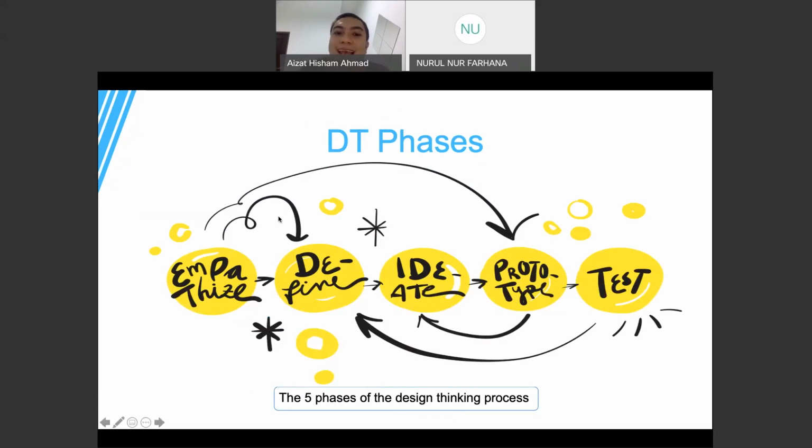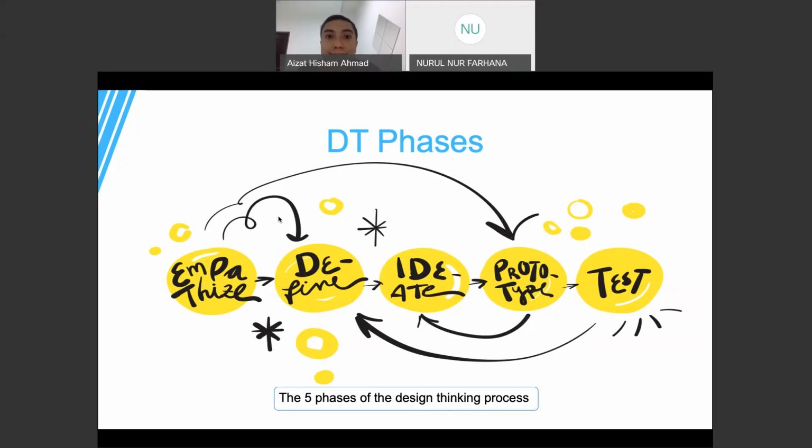And the phases are actually intertwined, meaning this is not a single linear phase, but rather it goes back and forth, to the front, to the back, because it is all about creating something, creating an experience, a solution for the users, for the stakeholders. And this is when we talk about the human-centric approach.